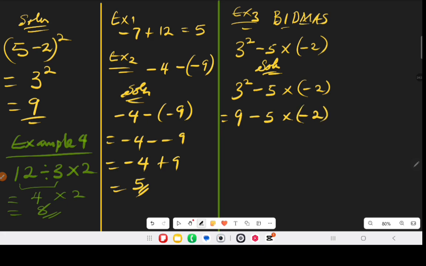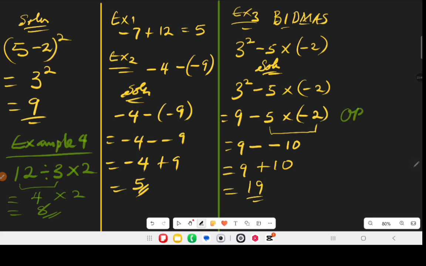Next step, we take multiplication, meaning we have to solve this. First, we have 9 minus, when we solve multiplication, 5 times minus 2, we have minus 10. In operation, when we have minus, it's changing to plus, which is 9 plus 10. Our answer becomes 19.